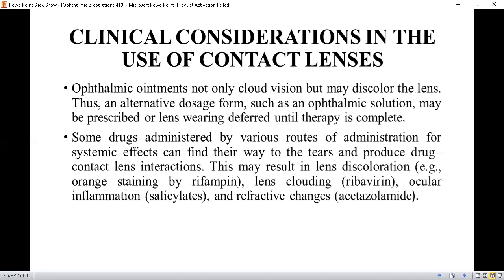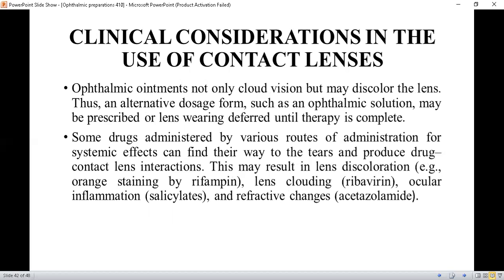Ophthalmic ointments can produce cloudy or blurred vision, and may discolor the lens. Thus, alternative dosage forms such as an ophthalmic solution may be prescribed or lens wearing deferred until therapy is complete.